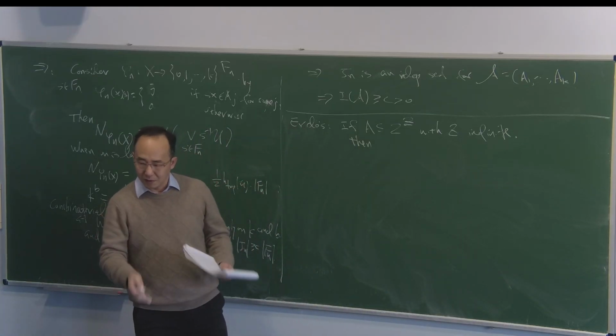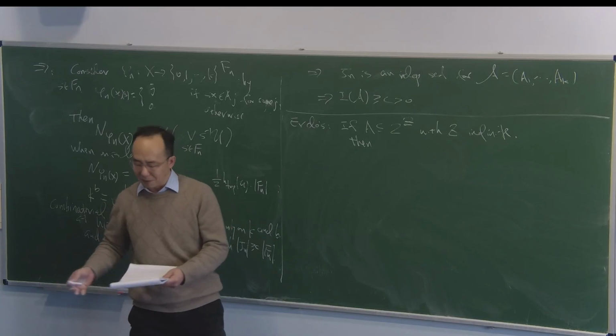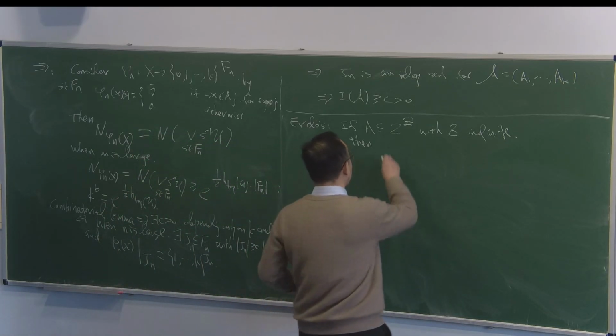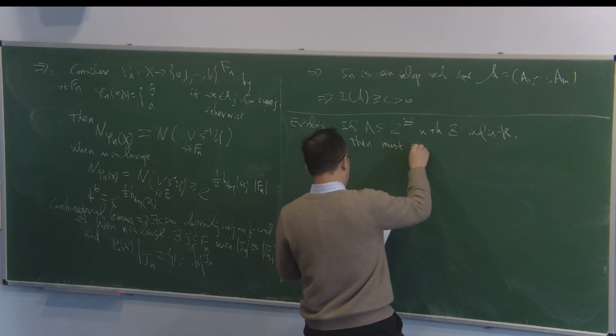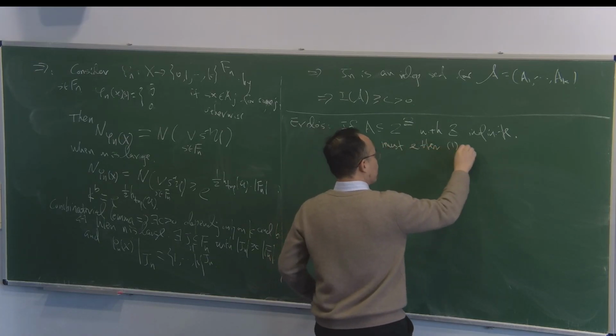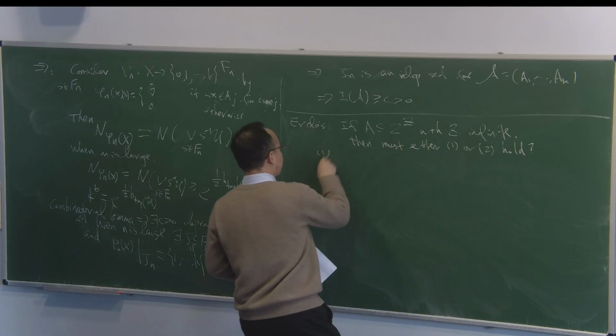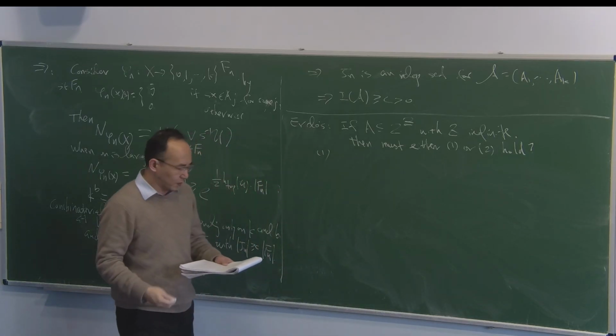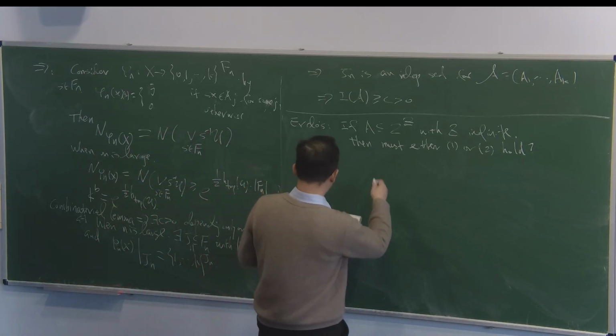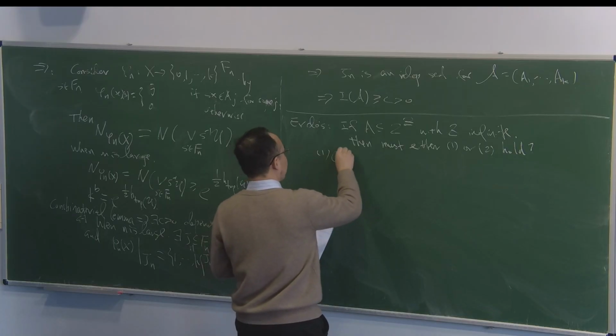Either A is kind of small or A is actually kind of large. So they must either 1 or 2 hold. One is the case that A is kind of large.